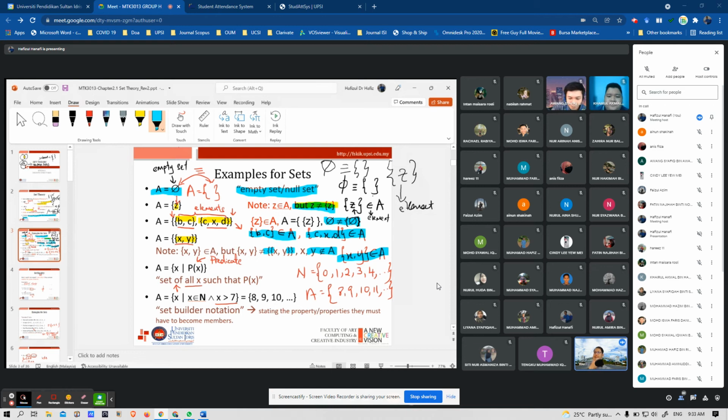And then in set A we have x, whereby P(x) is the predicate. Okay, we can define the set of all x such that P(x). And then restriction: x is a member of the natural numbers, and x must be greater than 7.